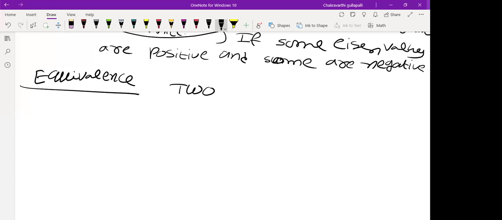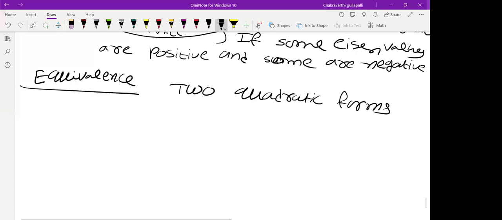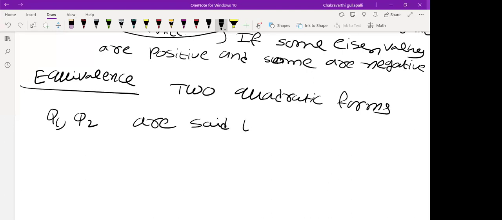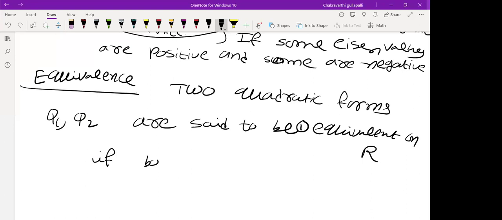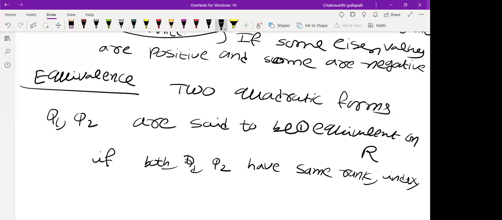Two quadratic forms Q1, Q2 are said to be equivalent on R if Q1 and Q2 have the same rank, index, and signature.